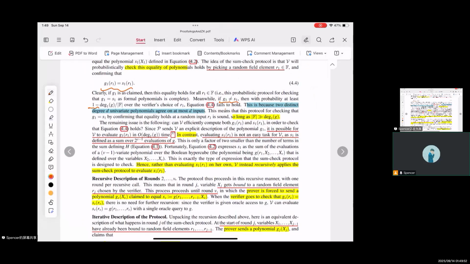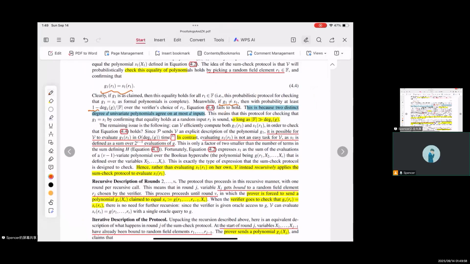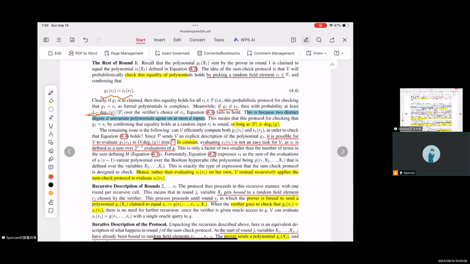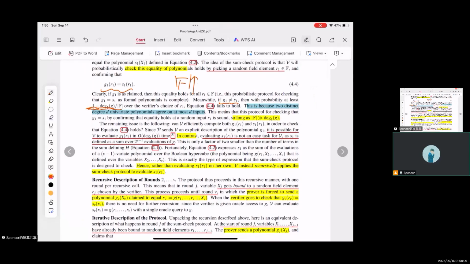So it is highly likely that the verifier can detect this, because the probability is very high, as long as the size of the field is very large. The field size |F| should be much bigger than the degree. This is the requirement.